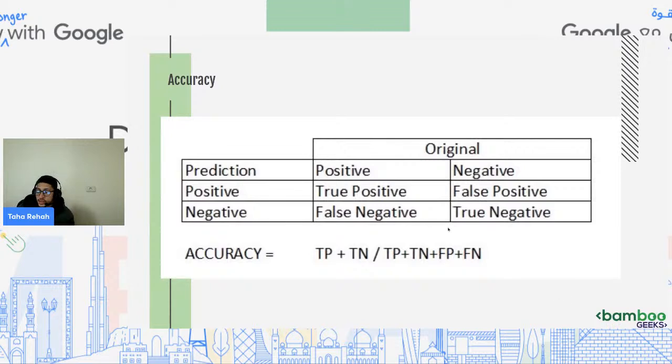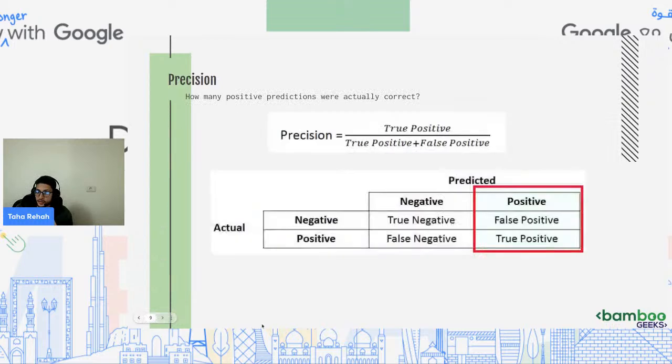We need to take them into consideration using other metrics. The first metric that we are going to talk about is precision. Basically, precision answers the question of how many positive predictions were actually correct. Accuracy is how many correct predictions out of all the predictions.